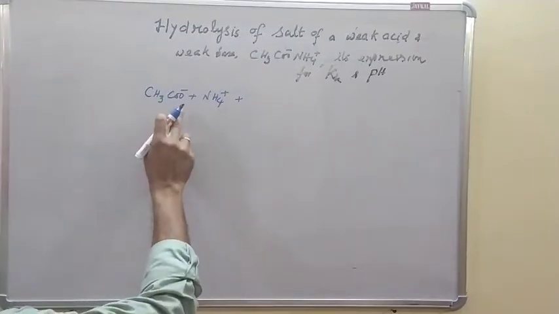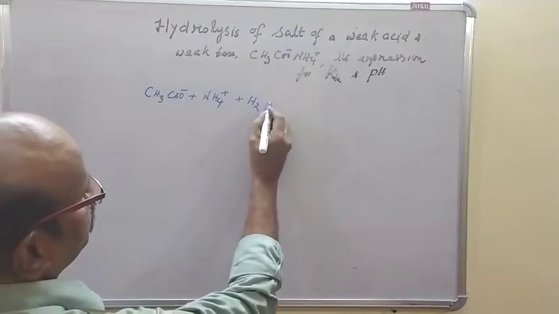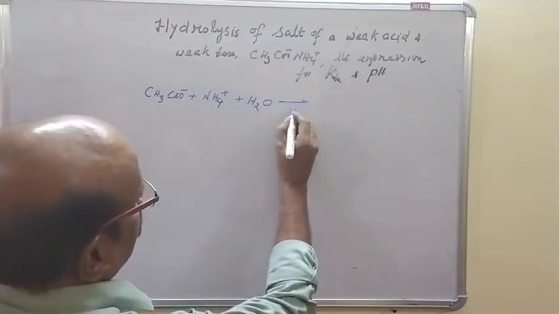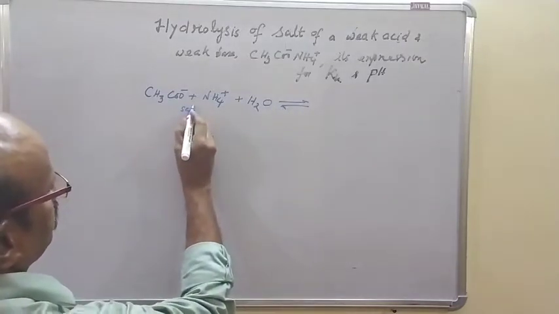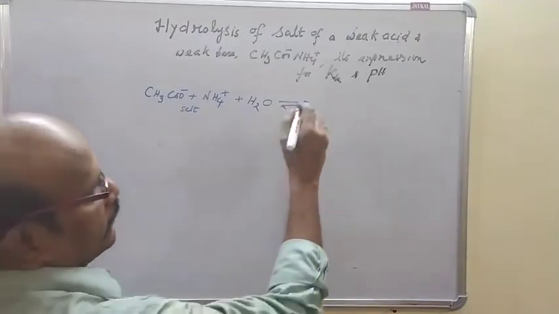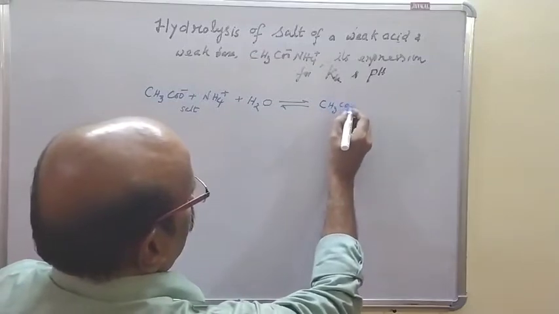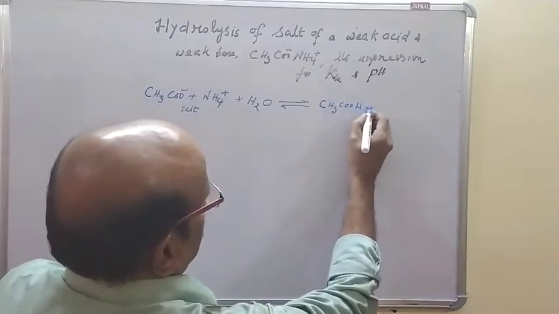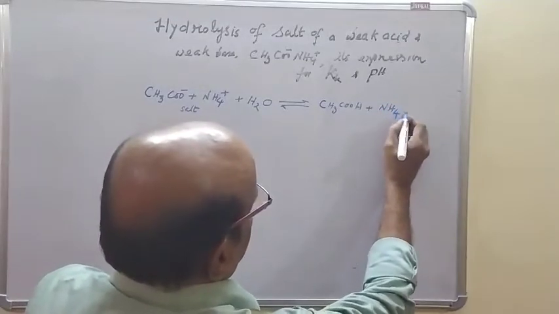So CH3COO minus plus NH4 plus plus H2O reversibly gives the acid and base, a weak acid and a weak base: CH3COOH, acetic acid, plus ammonium hydroxide, the weak base here.